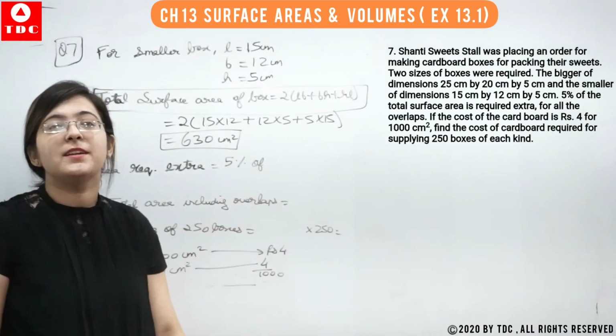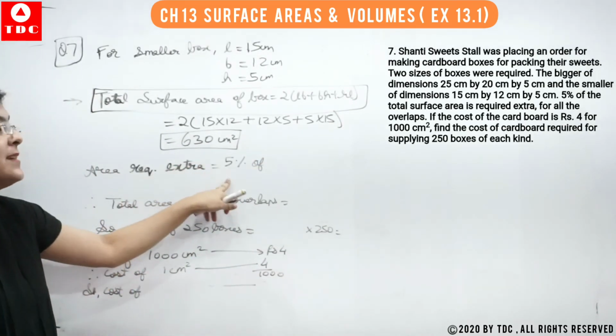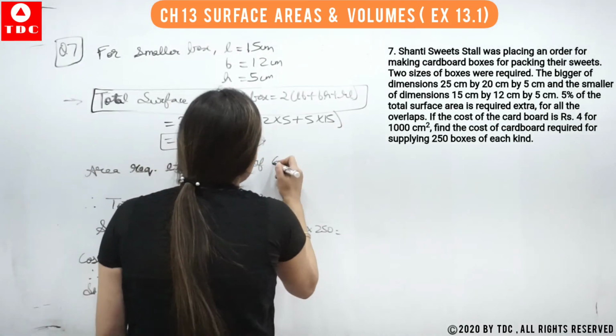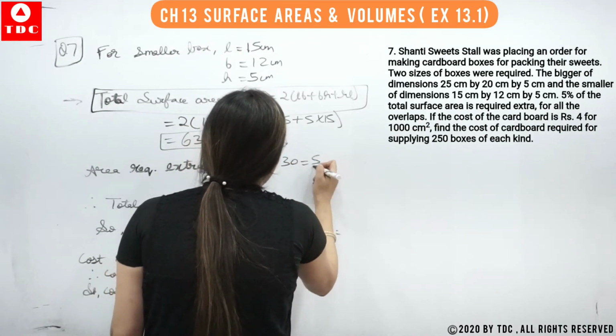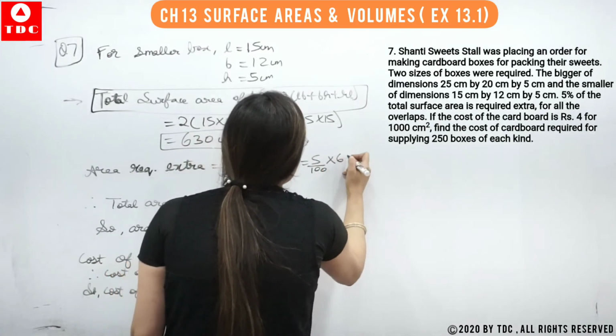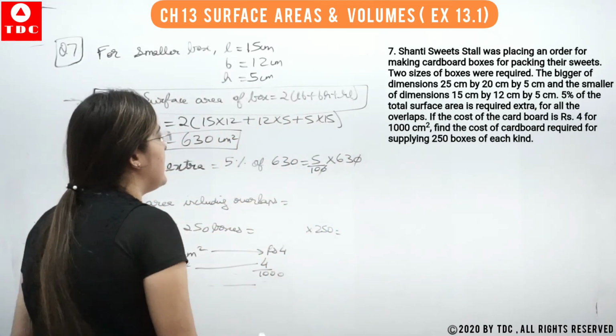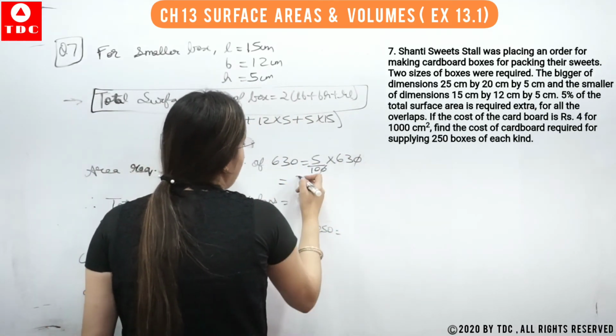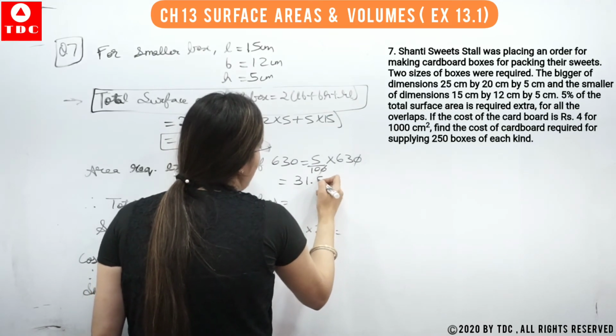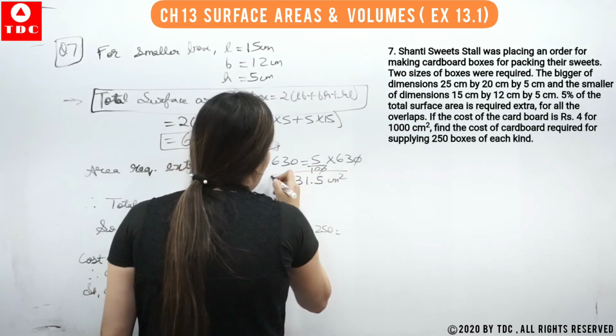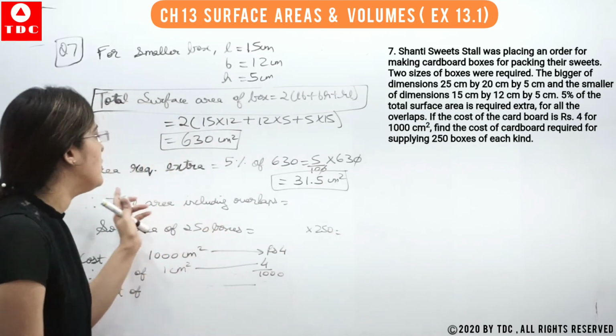Now again in the question it is written same, we need 5% extra of 630. That means 5 by 100 into 630. How much will you get? Multiply 63 into 5, 315. Put a point from one back. So what is the extra area that you need?